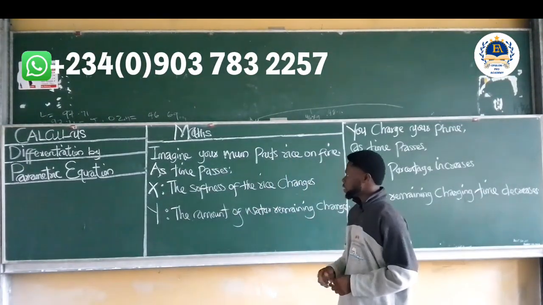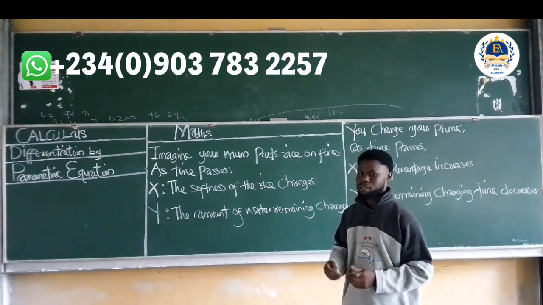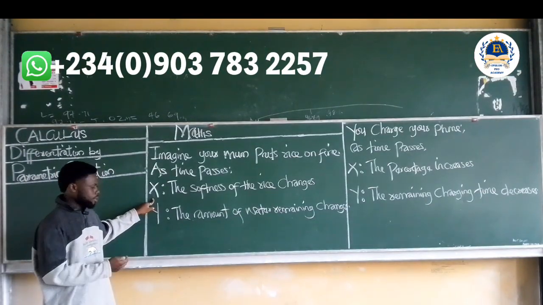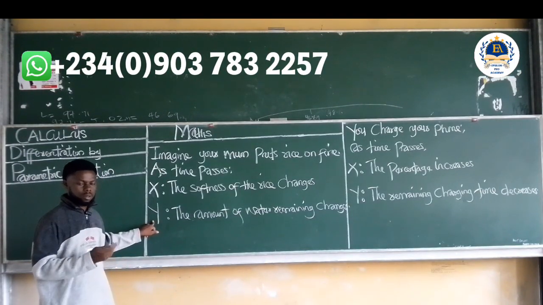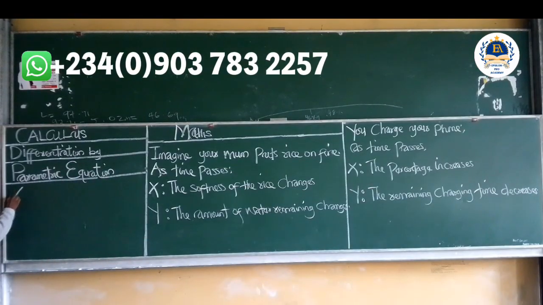Now, let us represent this statement in terms of differentiation by parametric equation. From the first statement, because condition X depends on time and condition Y also depends on time, we can say let X be a function of time, and let Y be a function of time.